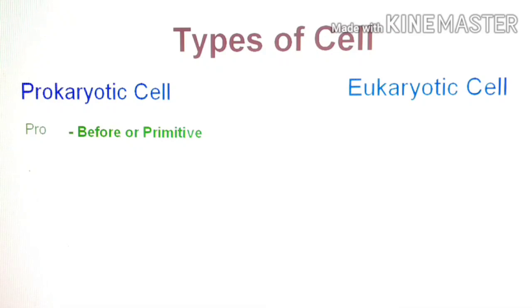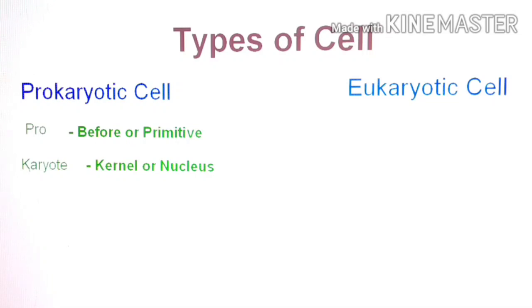Next, karyote means kernel or nucleus, means the type of cells in which the nucleus is primitive. That type of cells are called the prokaryotic cells. And as I showed you in the box, the jewelry is jumbled.